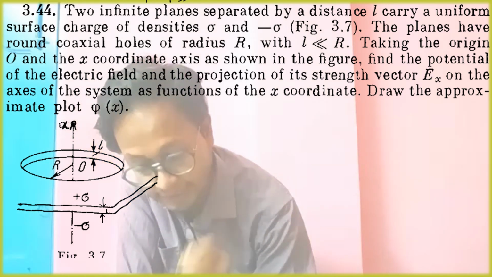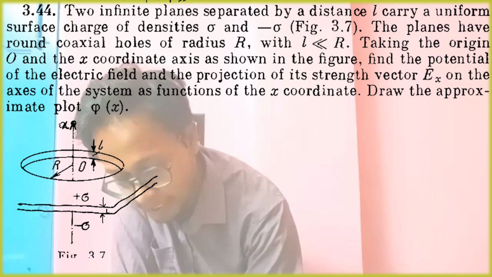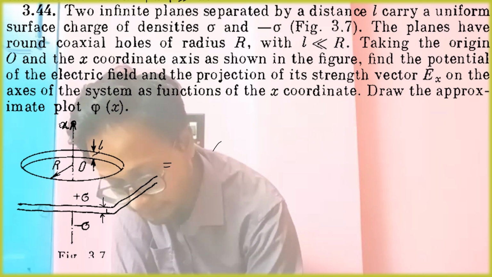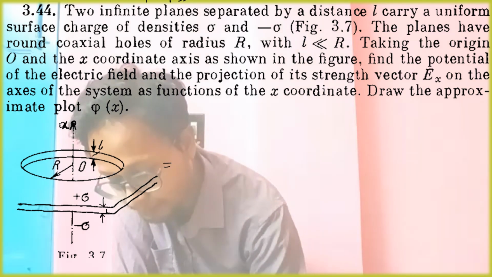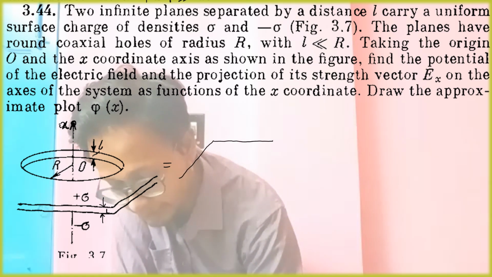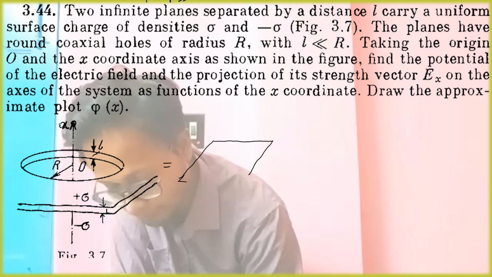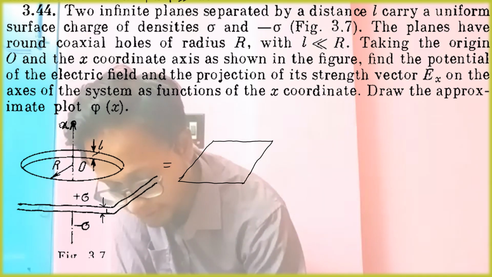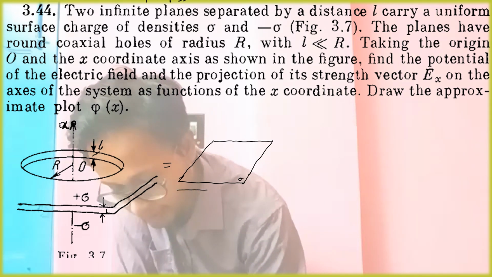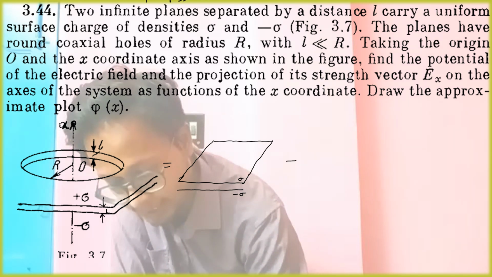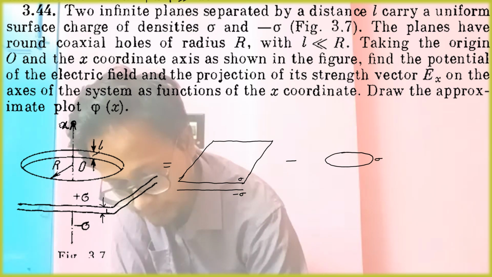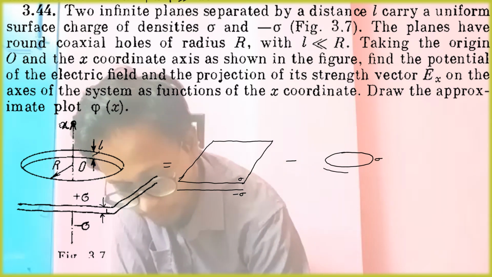So I can easily apply the principle of superposition. And what does the principle of superposition say? The electric field due to this setup is nothing but the electric field due to the parallel plates, where the first plate is positively charged and the bottom plate is negatively charged, minus the electric field due to a circular pair of discs, where the top plate is positively charged and the bottom plate is negatively charged, isn't it?